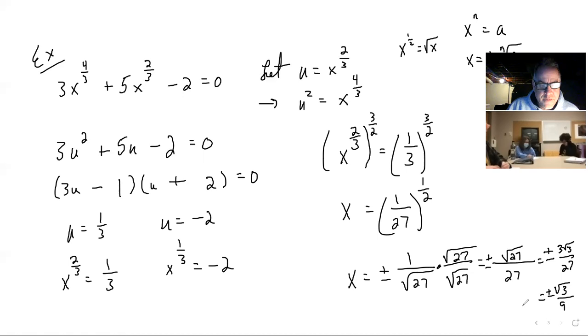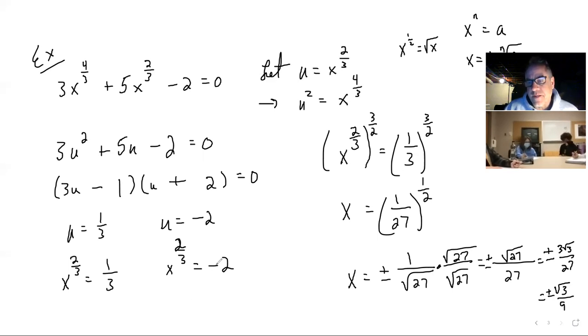Now, for some reason, I did not write the 2 there. On this one, I'm not going to waste my time with it, simply because the instructions are going to say, when you do the homework on these, if this occurs, find the real solutions. And since I know that I'm going to have to take the square root of both sides, if I take the square root of a negative number, that's going to give me an i.